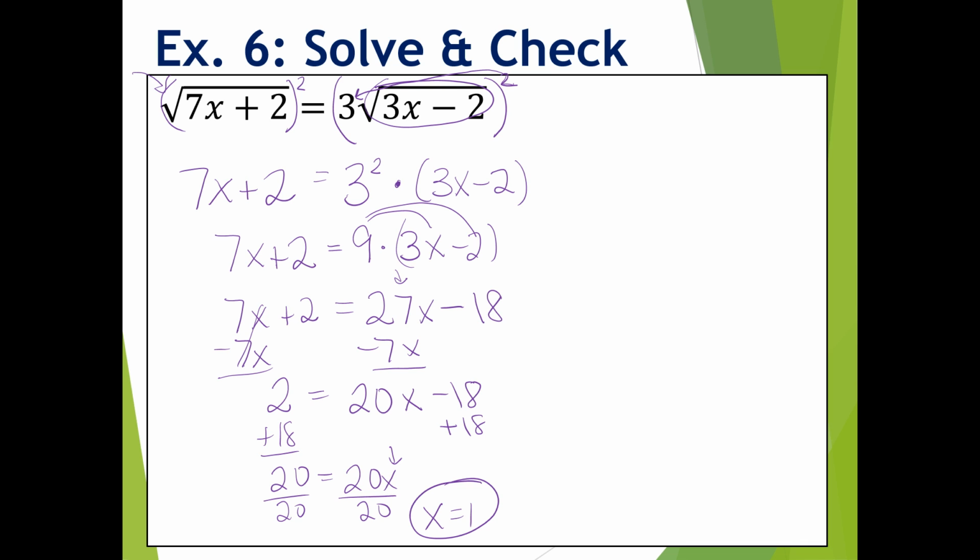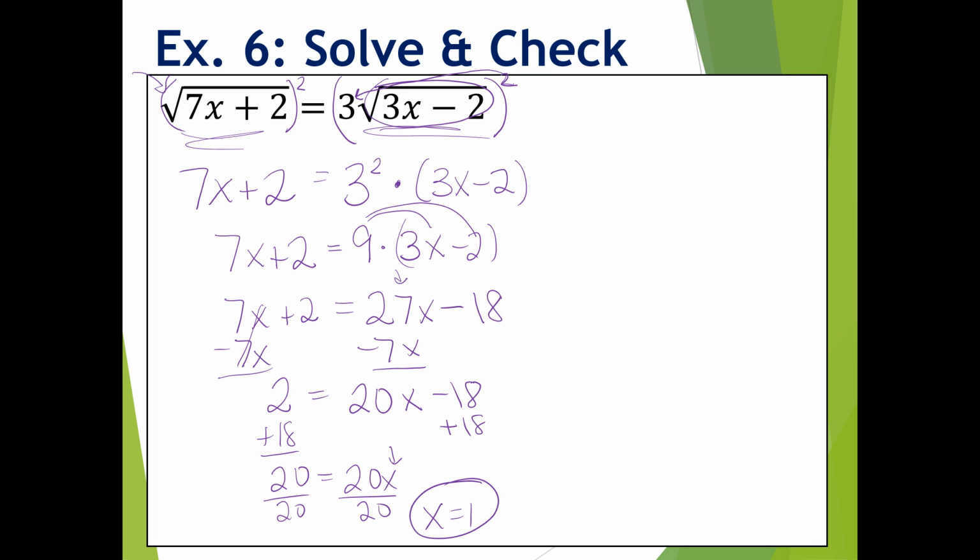And again, you can plug that back in. This is a situation where I would probably plug it back in. I'll tell you a few things to be careful of when you're trying to decide whether you really need to check. If you have two radical terms, it's good to check.